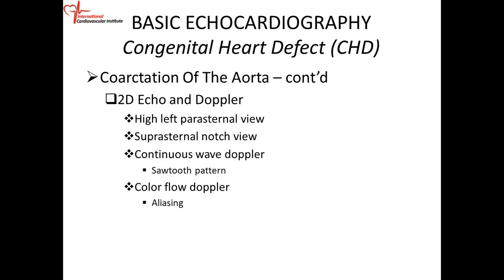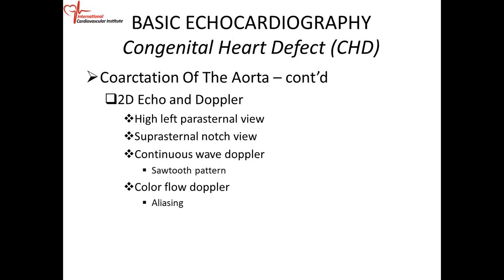So you have to remember what your normal CW Doppler or PW Doppler across the descending aorta looks like. So you have to know what the normal PW Doppler looks like or CW Doppler looks like across the descending aorta.